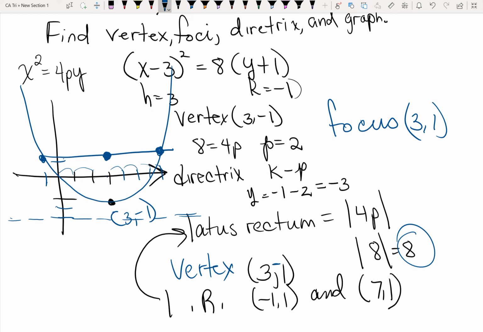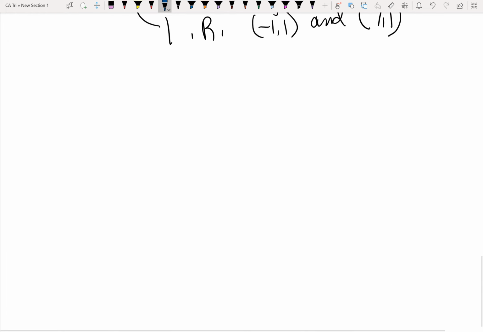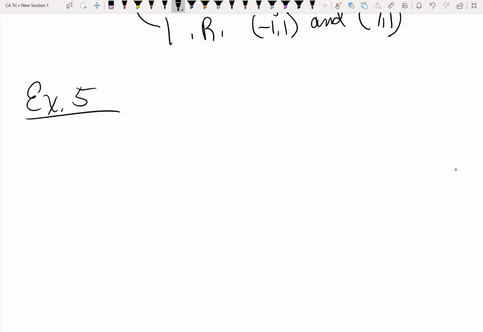So that is the key to graphing that. Alright, let's go down to example 5. In example 5, what they're going to do is give you the same question stem.